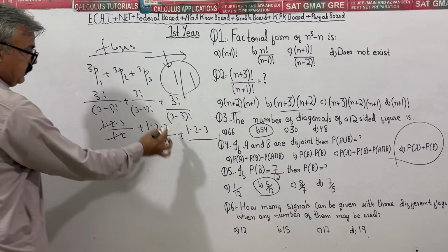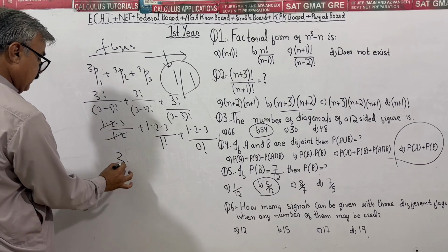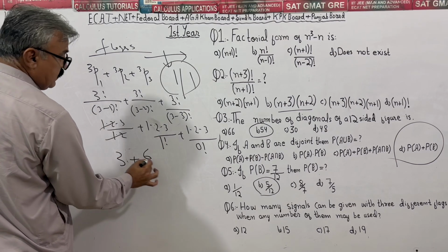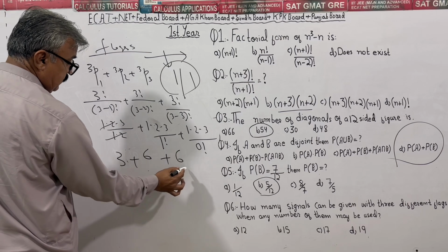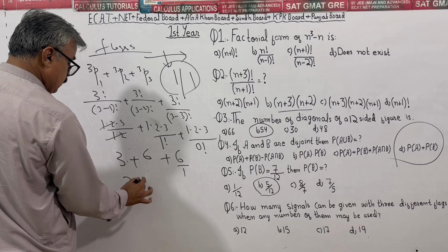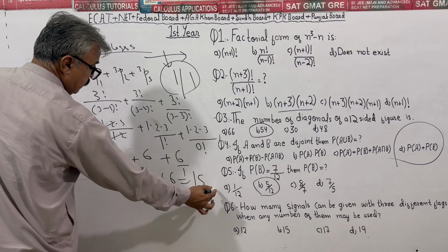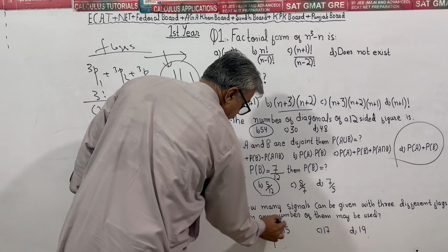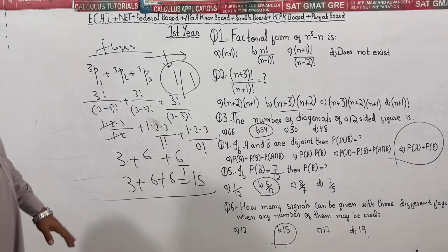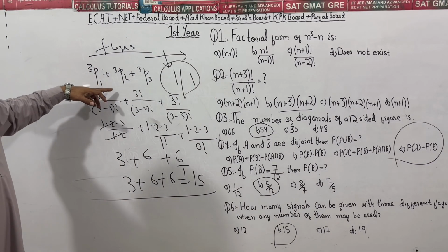Plus 3 minus 3 is 0 factorial, which is equal to 1, so again 6. So 3 plus 6 plus 6 is 15. 15 possibilities are there for waving different colors of flag, whether to take 1, 2 or 3.